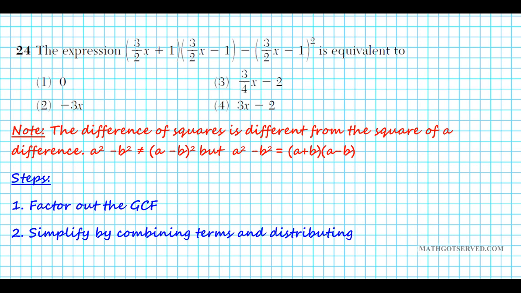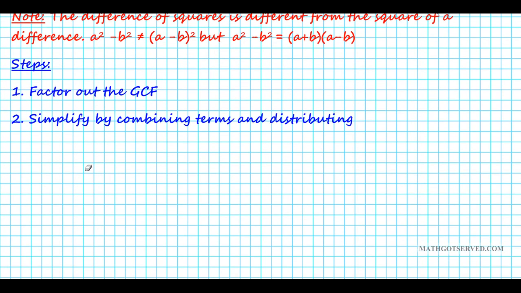The steps we're going to use to solve this problem are as follows. We're going to find a GCF of these two terms on both sides of the minus, factor it out, and then simplify and see what our final result will be. So step number 1, let's factor out the GCF. We have 3 over 2x plus 1 times the quantity 3 over 2x minus 1 minus 3 over 2x minus 1 squared.